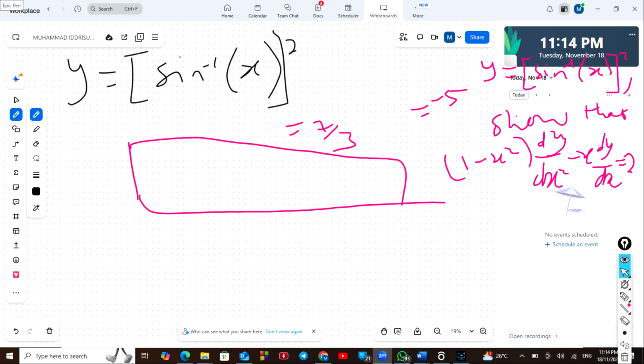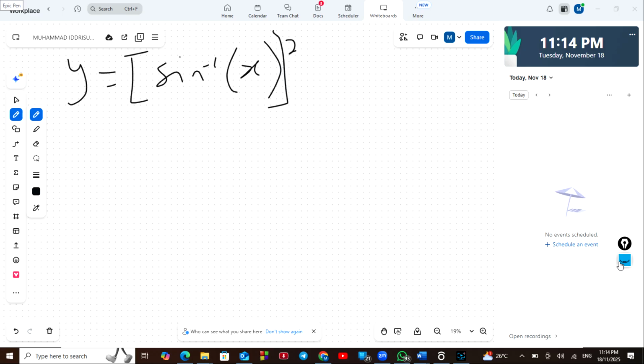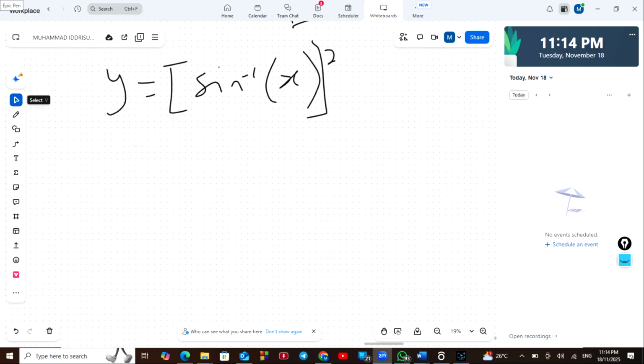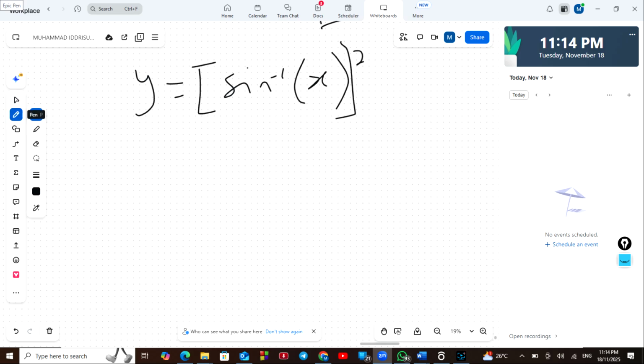And we're going to show that 1 minus x squared d squared y over dx squared minus x dy dx equal to 2. So first what we need to do is to find dy dx from this.